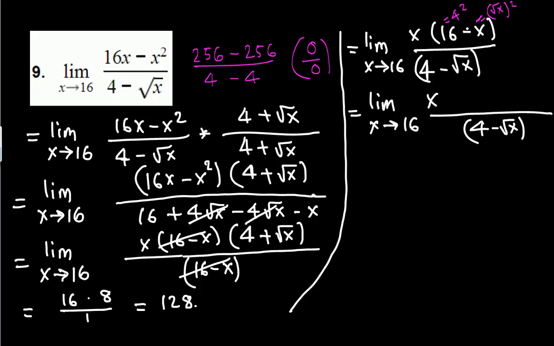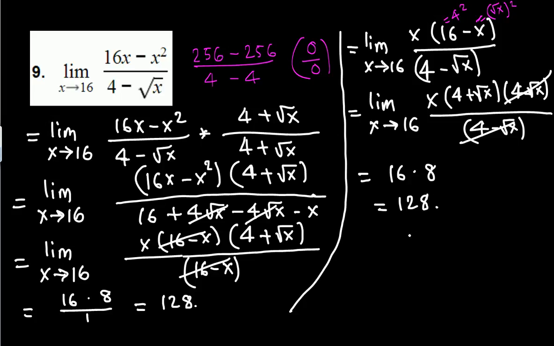Using the difference of two squares formula, that's 4 plus square root of x times quantity 4 minus square root of x. Then these two factors cancel. Now plug in x equals 16. So this is 16 times 4 plus square root of 16. That's 4. 4 plus 4, 8. And 16 times 8, again 128.